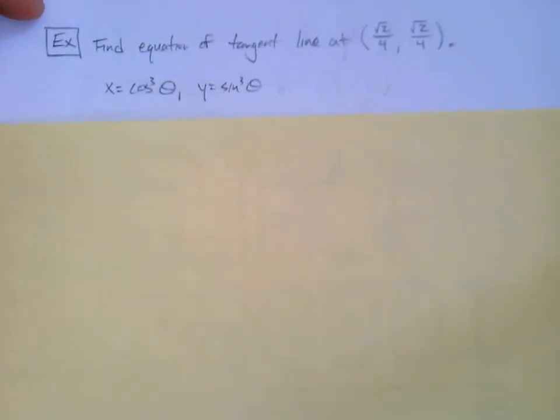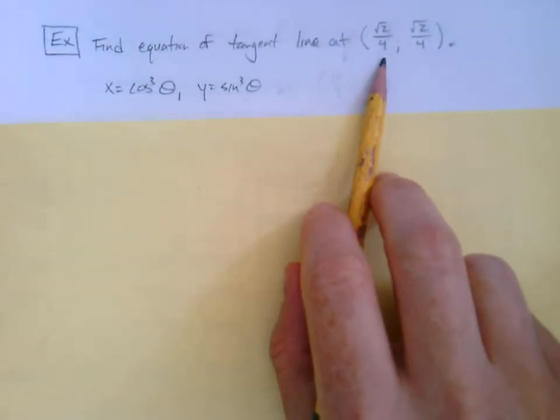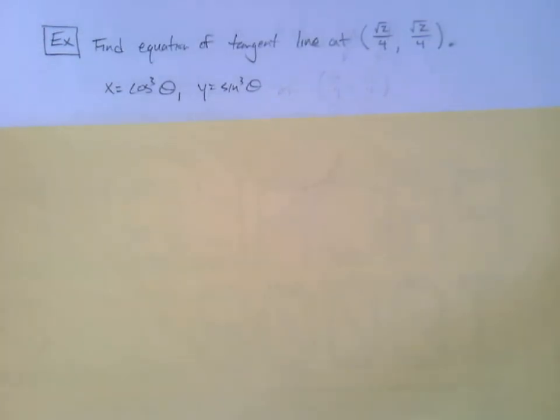Let's get into our first big example. We're going to find the equation of the tangent line at this point, root 2 over 4, root 2 over 4, for this set of parametric equations. x equals cosine cubed theta, y equals sine cubed theta.